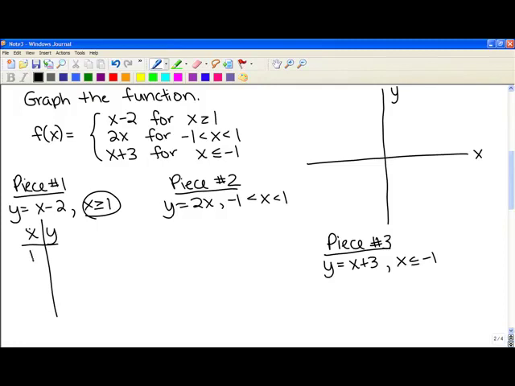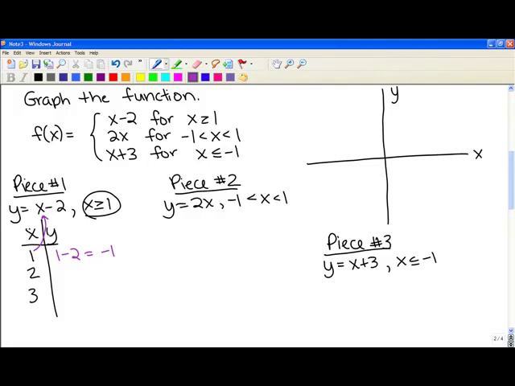So in order to graph this by hand, what we'll do is set up an XY table, and choose values of x that are greater than or equal to 1. So let's start at 1, since x could equal 1, and then maybe 2 and 3. So I take those numbers, 1, 2, and 3, and I plug them into the piece right here. So y would be 1 minus 2, which is -1.